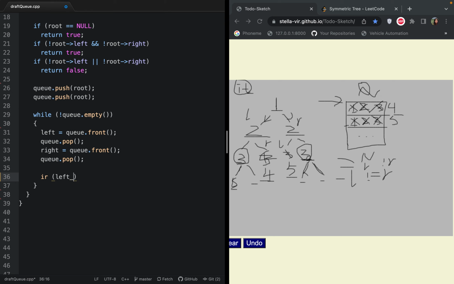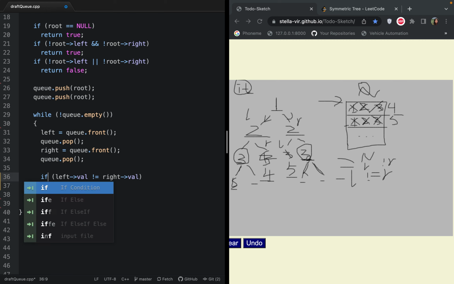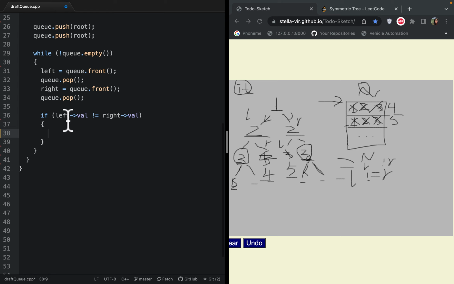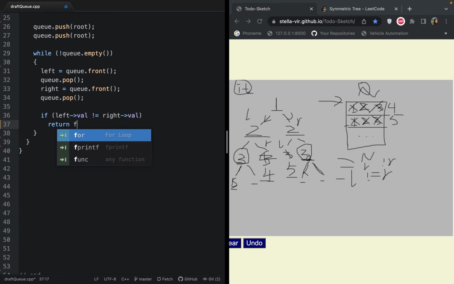The value of the left does not equal the right. If that's the case, I know how to spell if. If they're not equal, then we just return false because they're not equal.